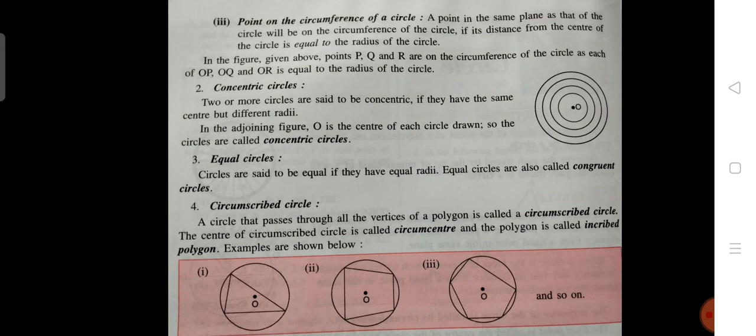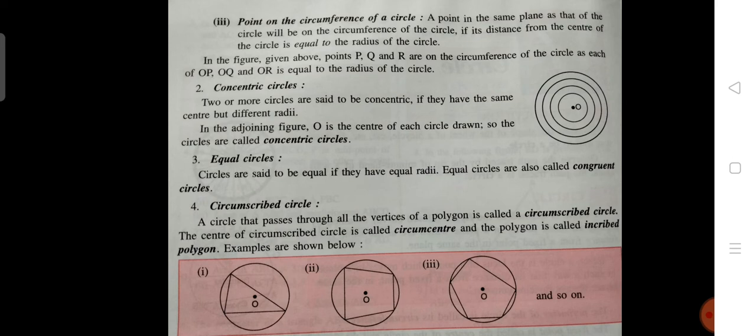What is a circumscribed circle? A circle that passes through all the vertices of a polygon. You know about polygons. A polygon is a closed figure which has a number of sides greater than or equal to 3.